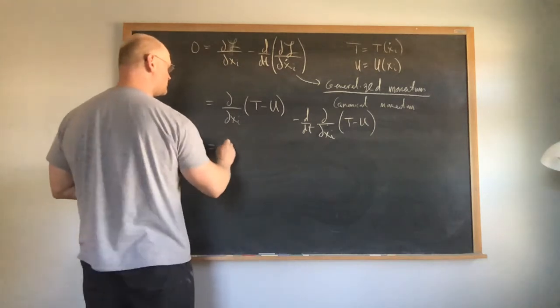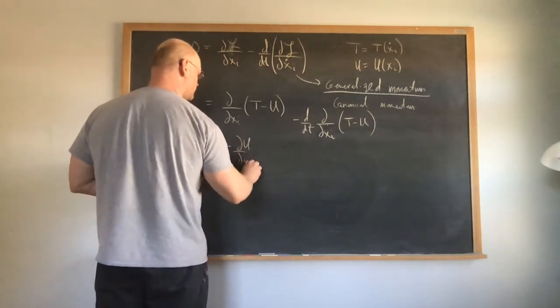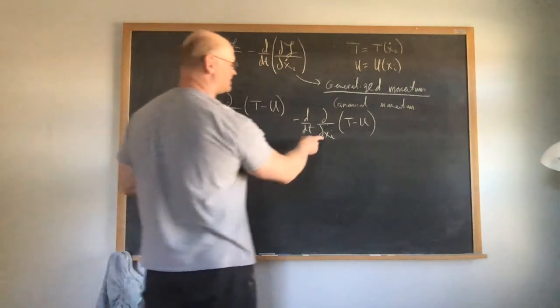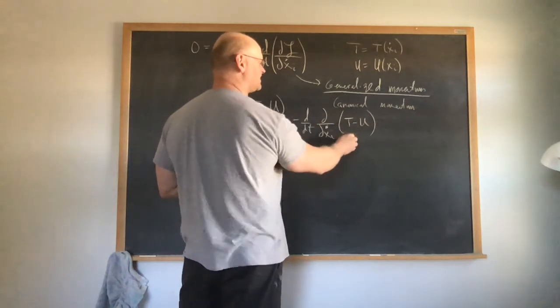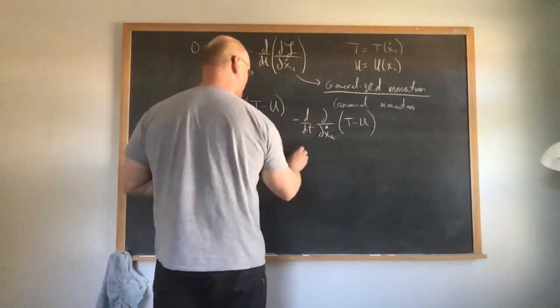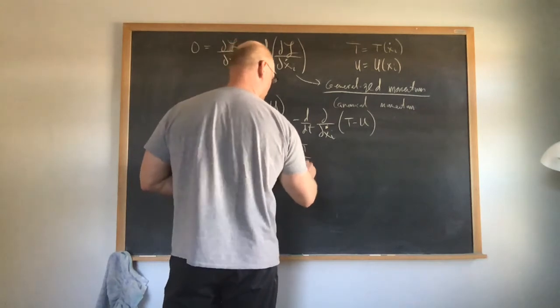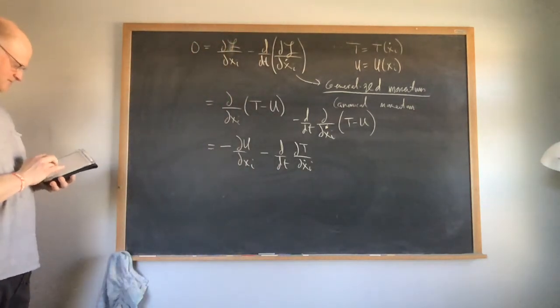So this is going to be equal to minus the partial of the potential with respect to x_i. And then here, again, typically the potential is not going to depend on velocity, so this term is going to go away. So this is going to be minus d/dt of the partial derivative of the kinetic energy with respect to x dot_i.